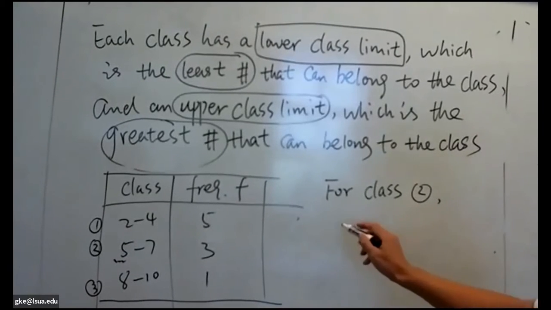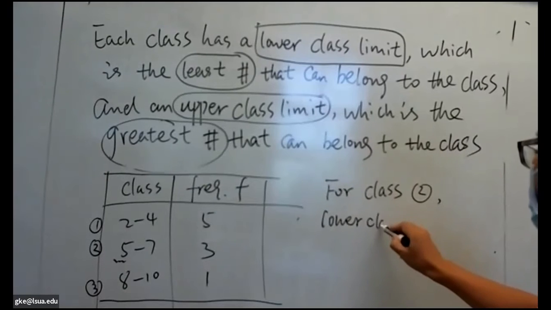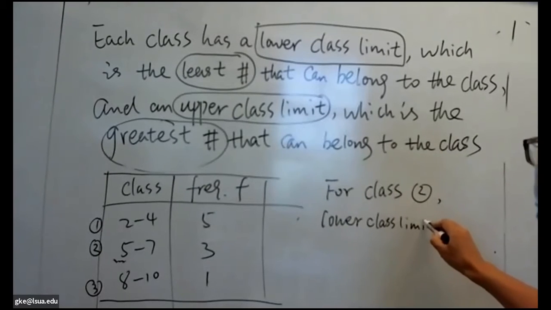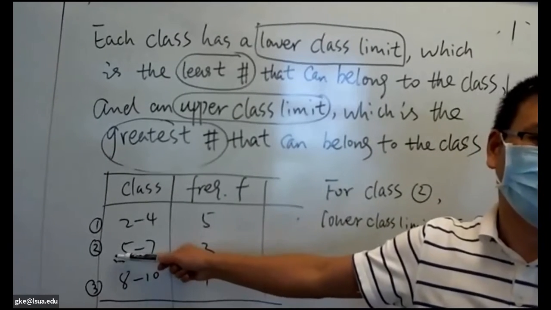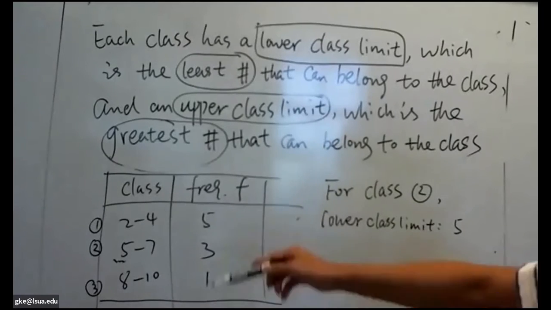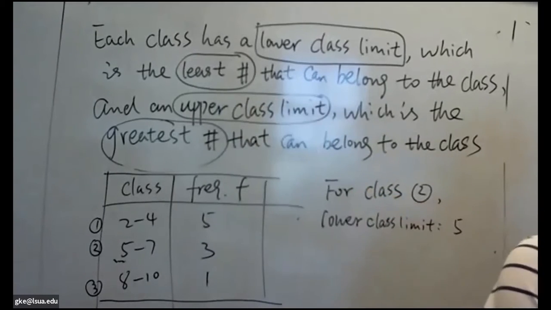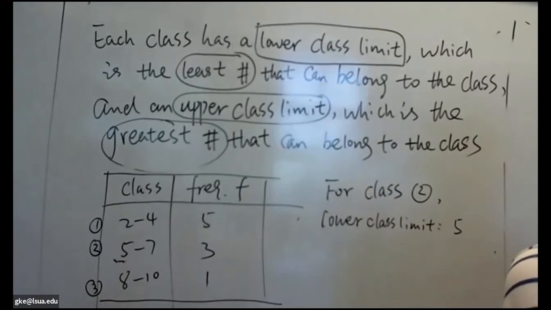For class 2, we have the range from 5 to 7, and the lowest is 5. Keyword: least number. That is 5.